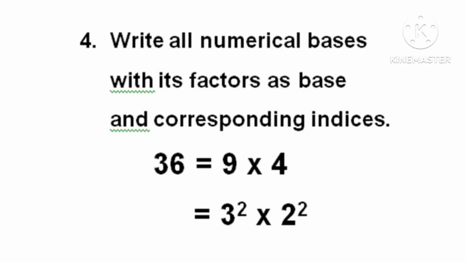Write all numerical bases with its factors as base and corresponding indices. For example, if there is a term as 36, you can write it as 9 multiplied by 4, that is 3 square multiplied by 2 square.